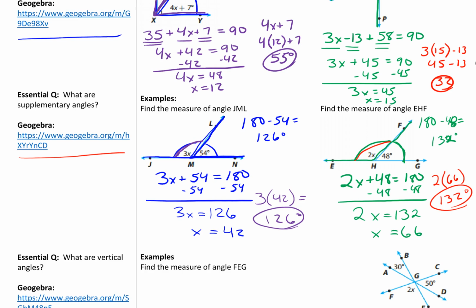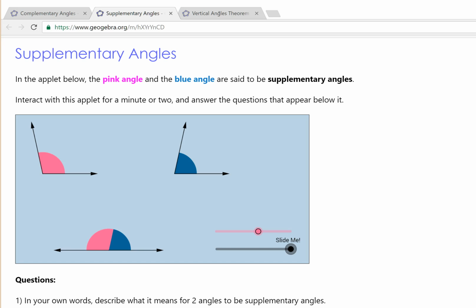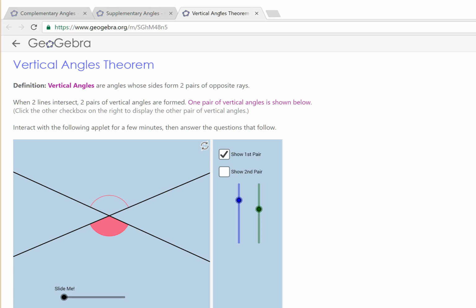Okay, and finally, I want to take a look at vertical angles. So if we go to our GeoGebra link here, we have vertical angles here. And I'm just going to check the boxes here to show the first pair.